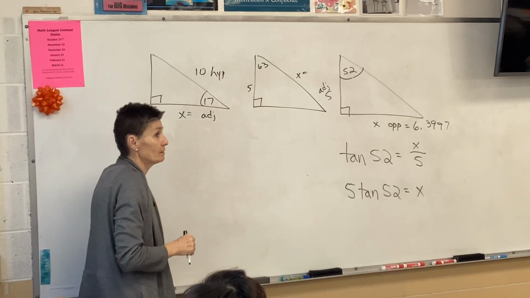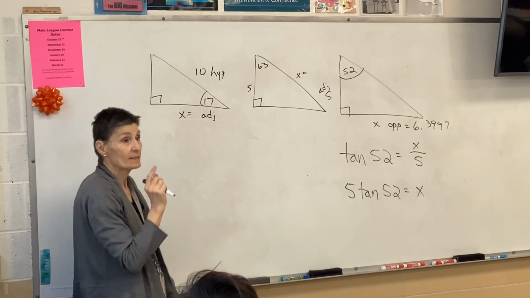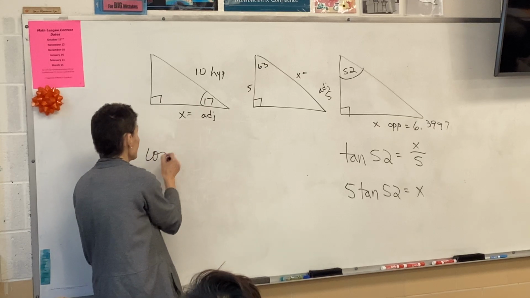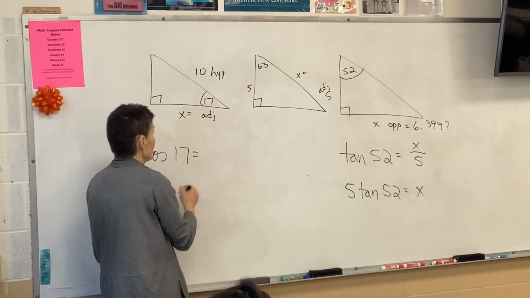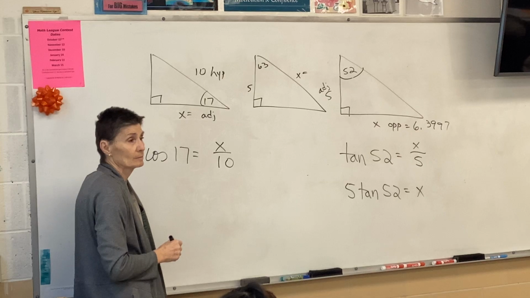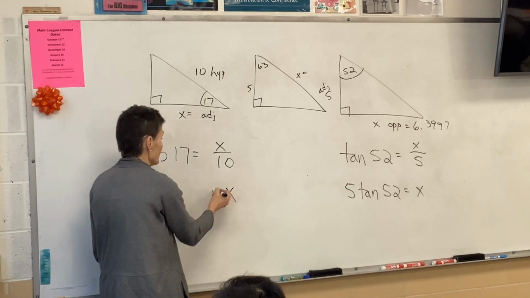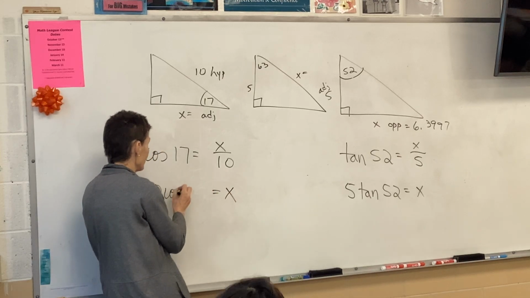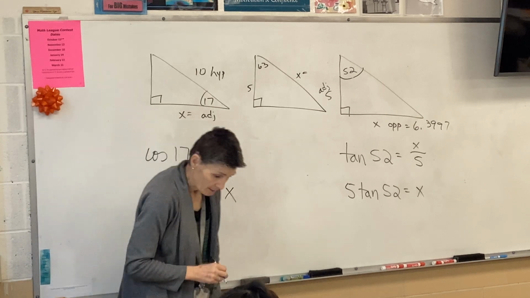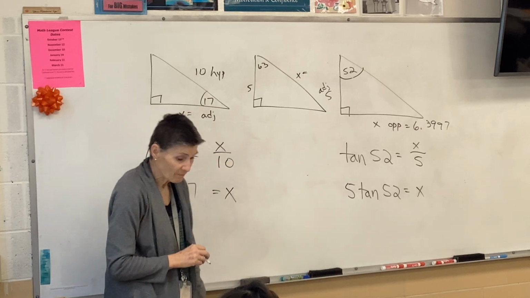What function, sine, cosine, or tangent, is adjacent and hypotenuse? Cosine. So this is gonna be cosine 17 equals adjacent over hypotenuse. So hopefully you typed into your calculator 10 cosine 17. And did you get 9.563?